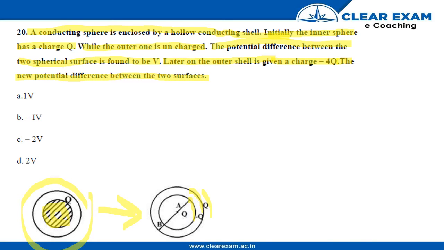This is how the charge is neutral. So we need to find out the potential difference after giving the outer shell a charge of minus 4Q.